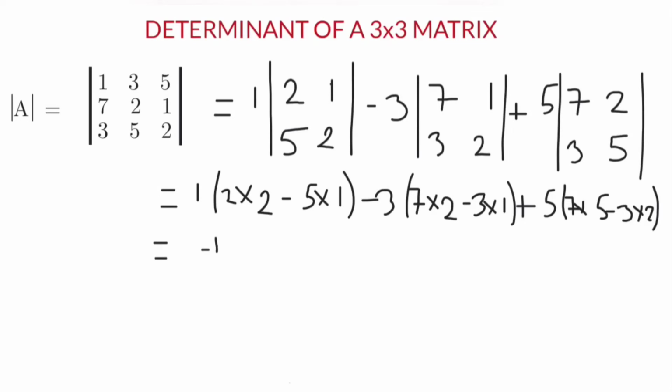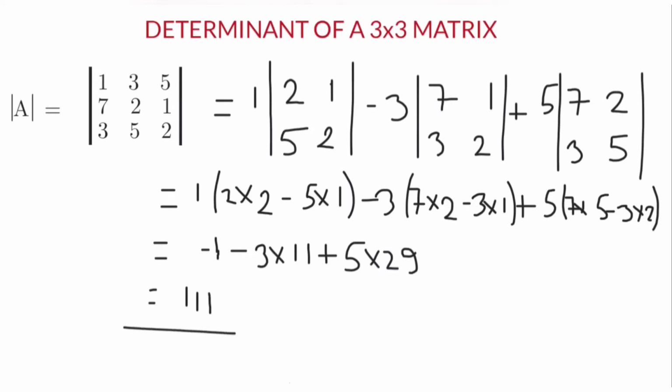Minus 1 minus 3 times 7 times 2, 14 minus 3. 14 minus 3 is 11, plus 5 times 7 times 5, 35 minus 3 times 2 is 6. 35 minus 6 is 29. So, from this, we will get 111. And this is the answer.